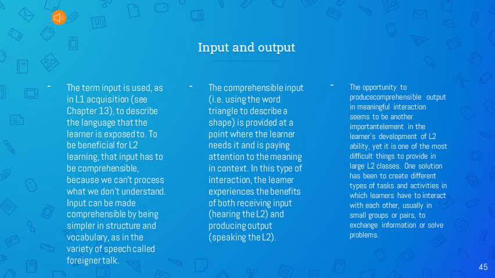Input can be made comprehensible by being simple in structure and vocabulary, as in the variety of speech called foreigner talk. The comprehensible input, i.e. using the word triangle to describe a shape, is provided at a point where the learner needs it and is paying attention to the meaning in context.